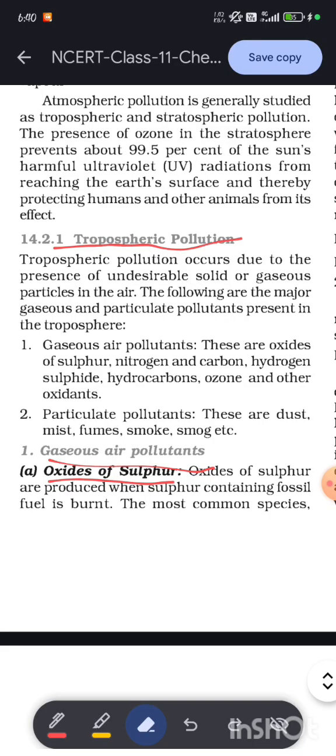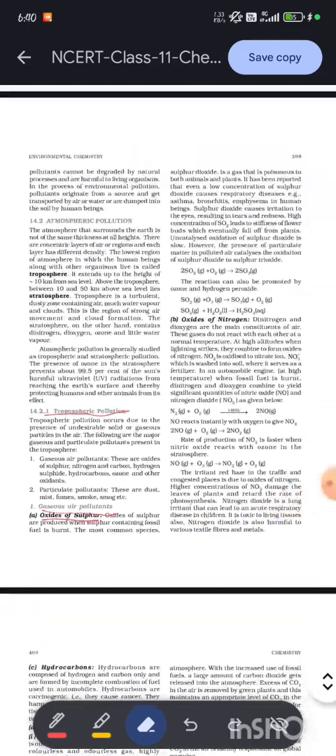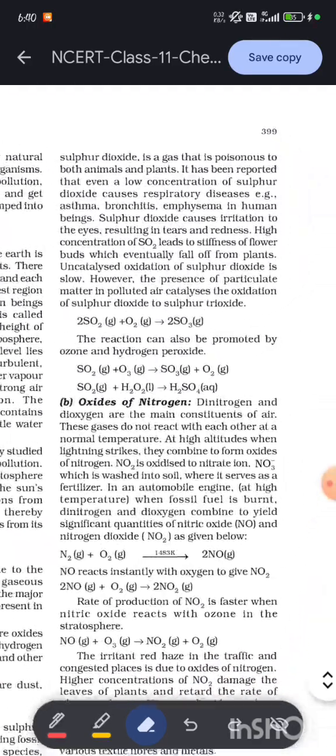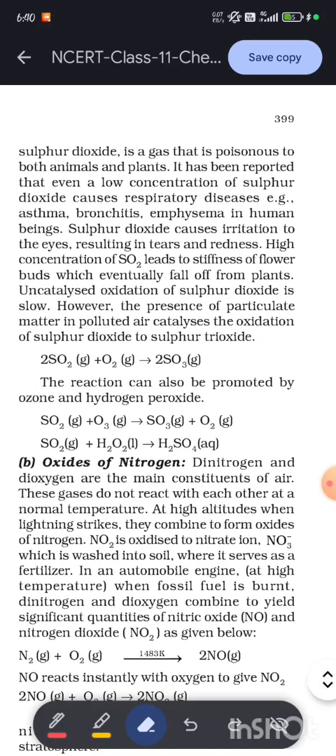Oxides of sulfur are produced when sulfur-containing fossil fuel is burnt. The most common species, sulfur dioxide, is a gas that is poisonous to both animals and plants. It has been reported that even a low concentration of sulfur dioxide causes respiratory diseases, for example asthma and bronchitis, in human beings.